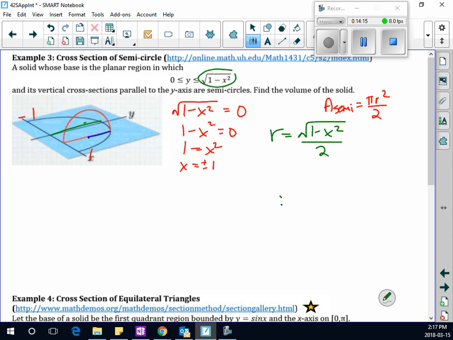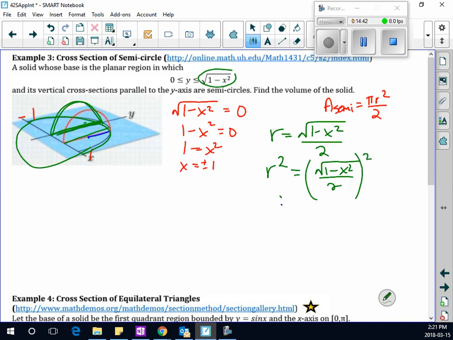It's all relative, and it's the y value. So r squared, to simplify things, is this whole thing divided by 2, squared, which is 1 minus x squared over 4.